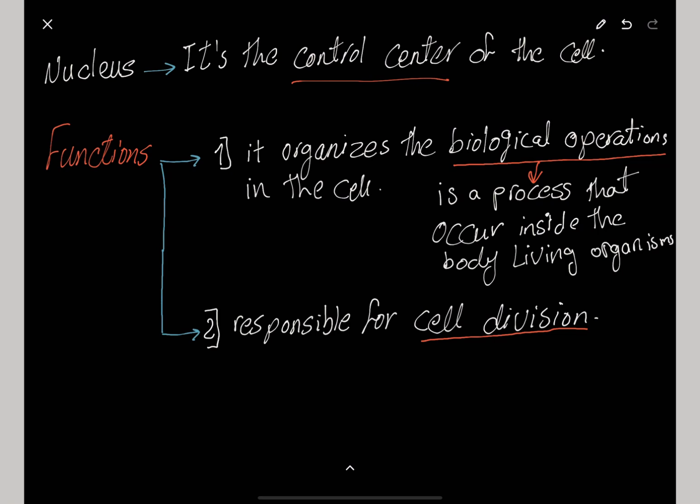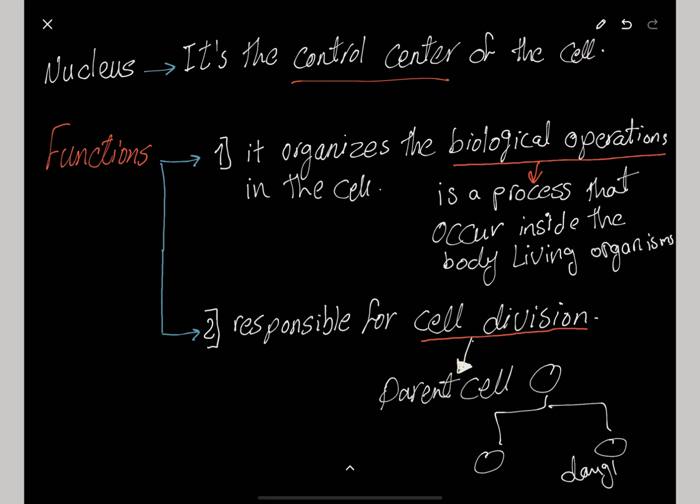What is the meaning of cell division? It means that the parent cell divides into two or more daughter cells.